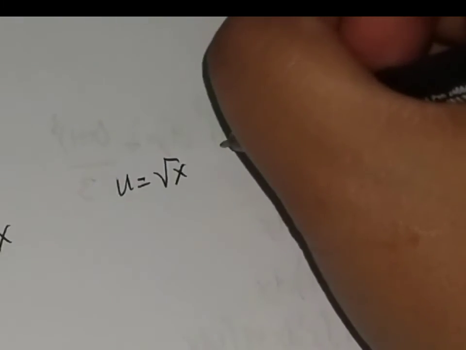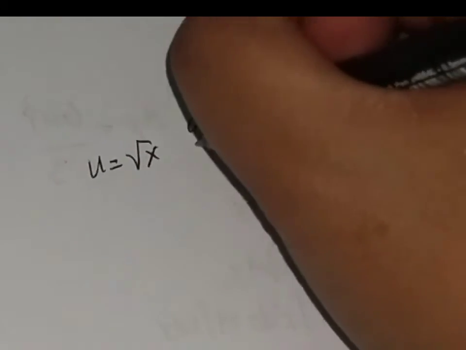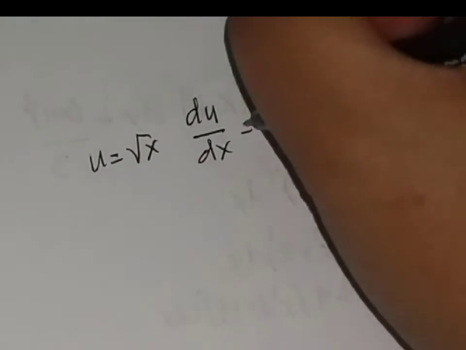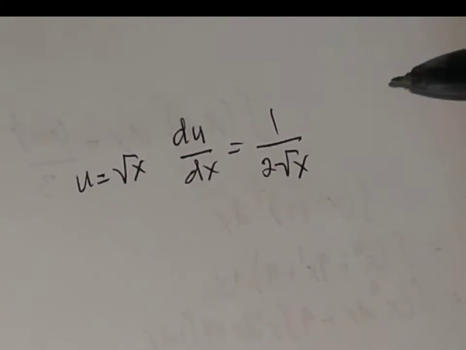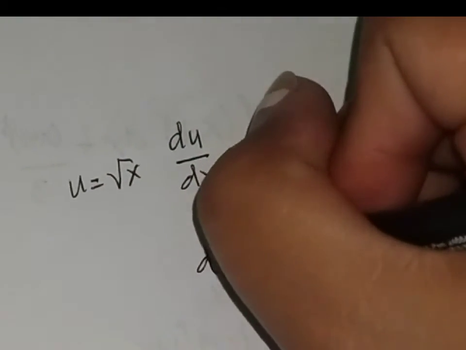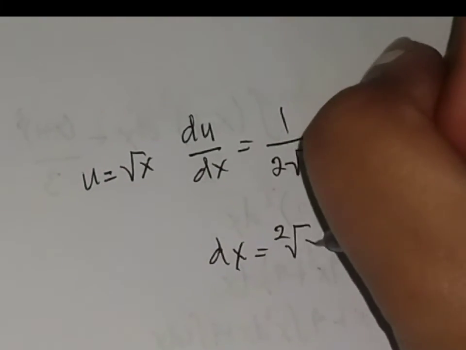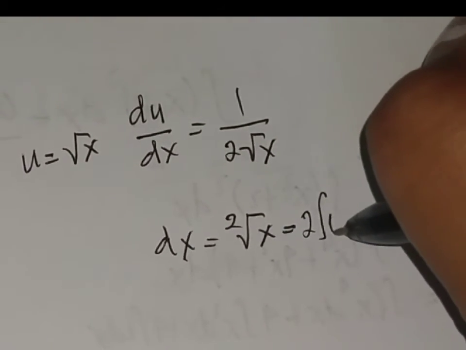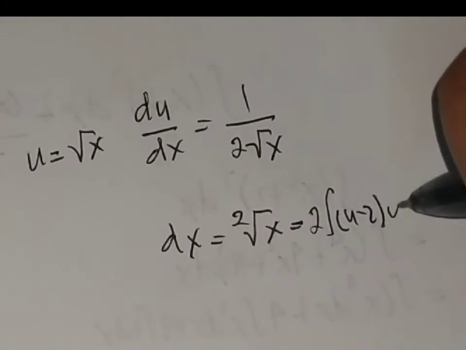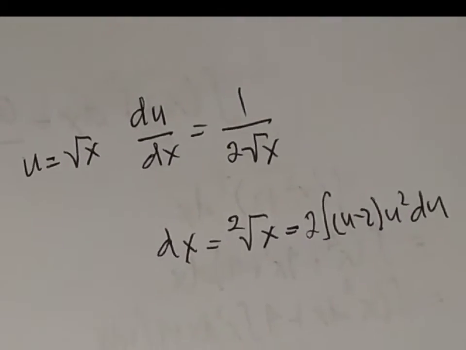Then substitute u equal to square root of x, so du over dx is equal to 1 over 2 square root of x. So dx is equal to 2 square root of x du. It is equal to 2 times the integral of u times (u plus 2)^2 du.